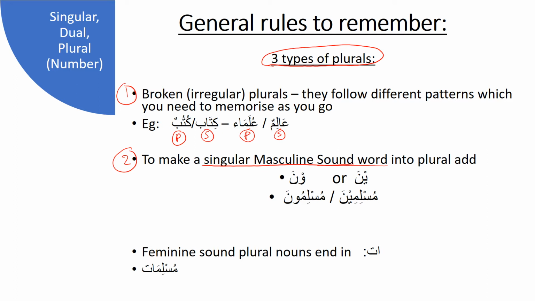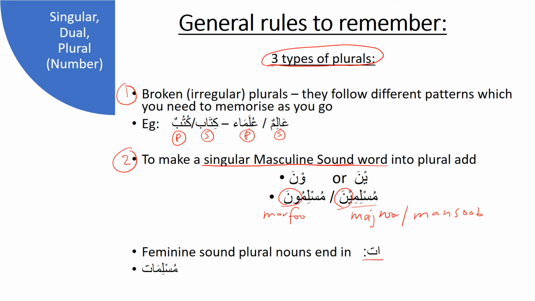So muslimina, okay, this is for majroor and mansub case. Or you add una, it becomes muslimuna, and that is only in the marfu case. Okay, so as soon as you see ina or una on the end of the word, you know that it is plural, generally speaking.